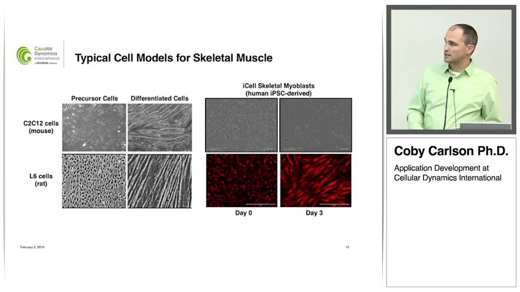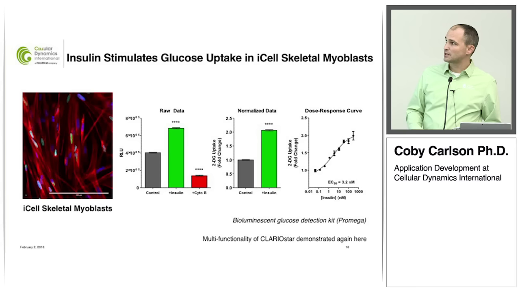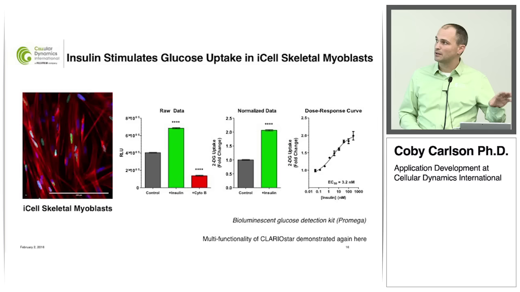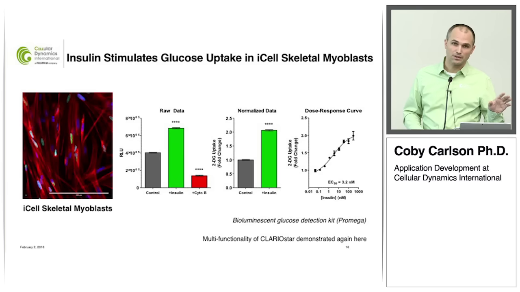So this is the introduction to skeletal myoblasts, and just like I told you, if the cardiomyocytes beat, that's what they need to do. Hepatocytes make glucose. Skeletal myoblasts should take up glucose. That's really one of their primary roles, to take up glucose in response to insulin. And that's exactly what they do, and that's what this slide shows right here.